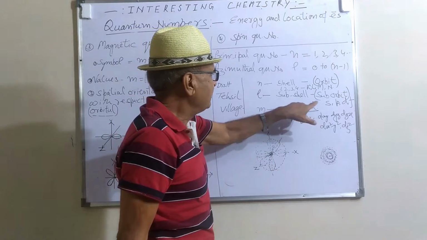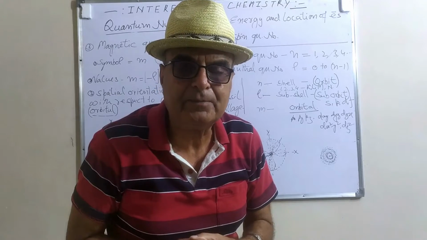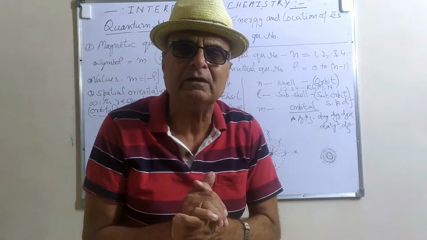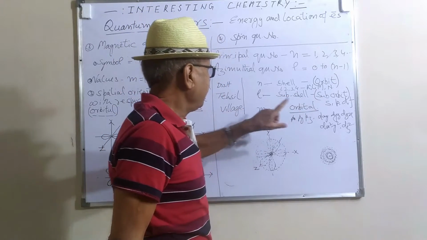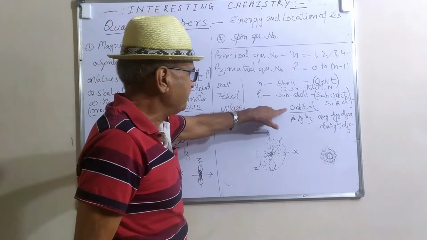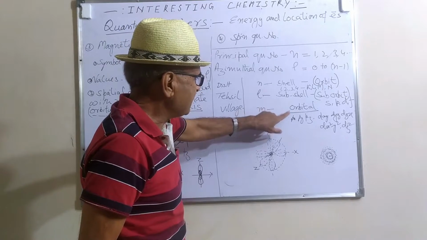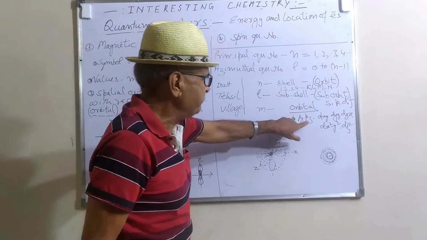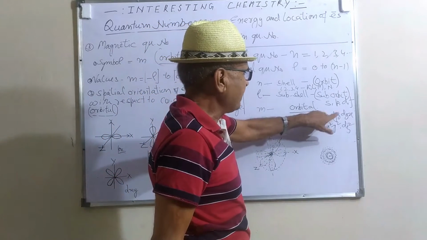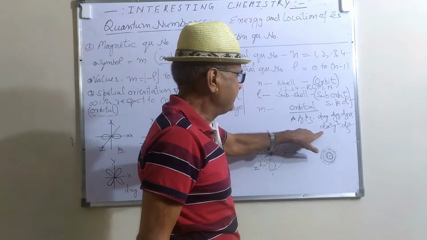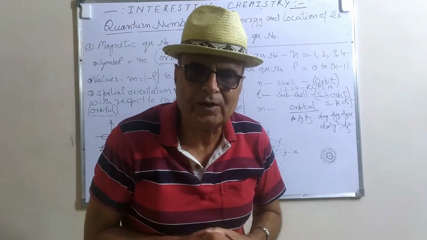SPDF are the suborbitals, or these are called subshells, and M tells us the orbitals, only orbitals. So these orbitals are px, py, pz, and the orbitals for D are dxy, yz, zx, dx square minus y square, and dz square.